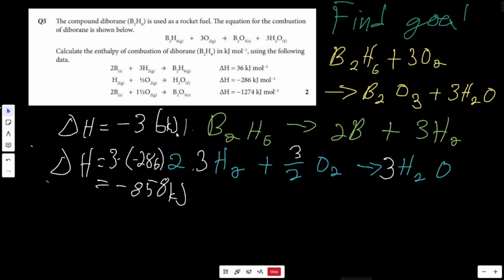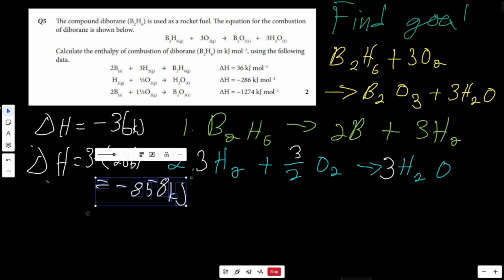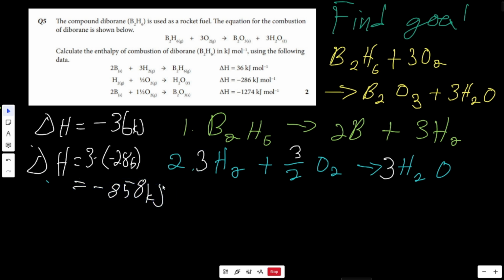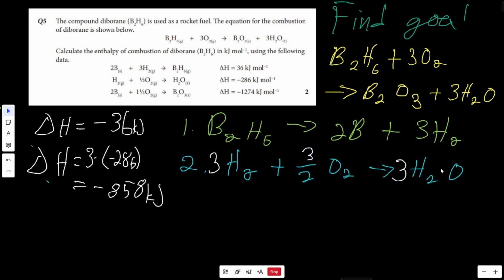Hold on, let me fix the formatting of this because it's kind of ugly. Okay, let's move this here. Okay, there. So this is our new enthalpy for the adjusted second step. Now, why did we adjust the second step? Because it didn't produce enough of what we're looking for. It only produces 1 mole of liquid water when we do in fact need 3.